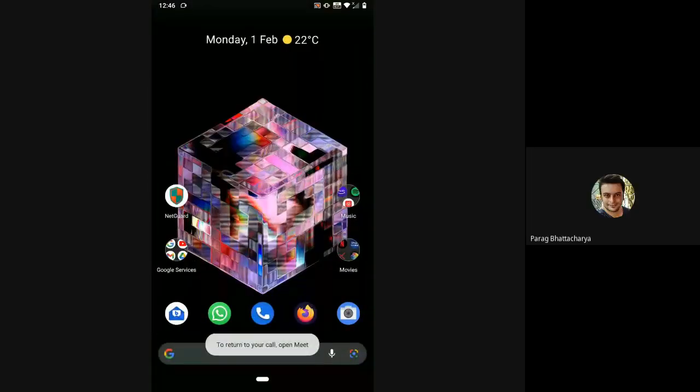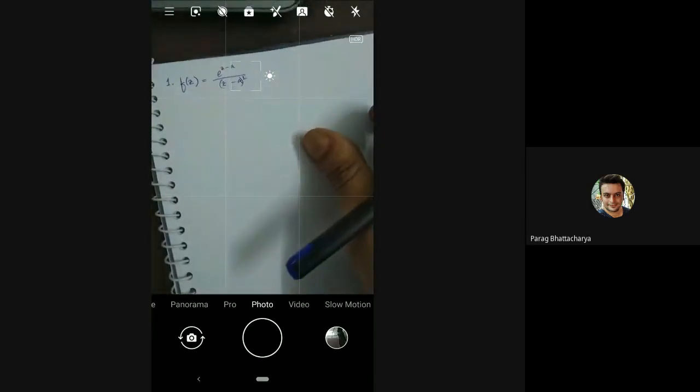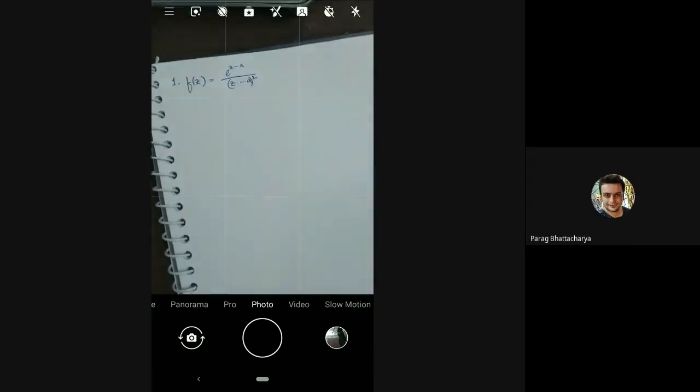Can you see my phone screen? Yes, sir. Is this visible? Okay, so this is f of z equal to e to the power z minus a by z minus a squared. So we need to check what kind of pole this is.